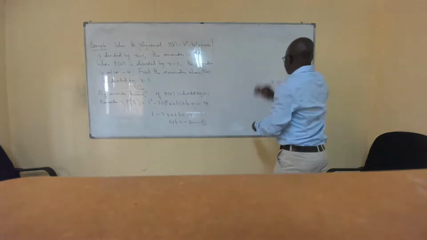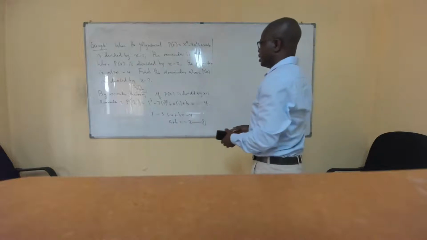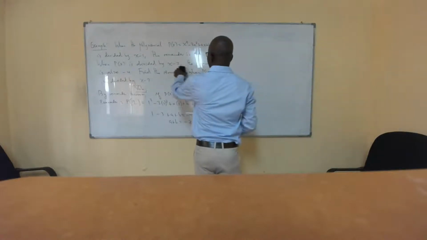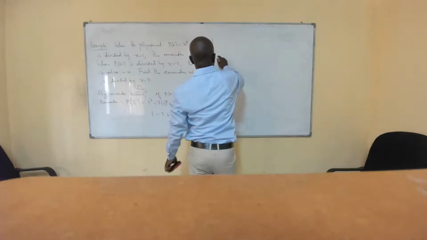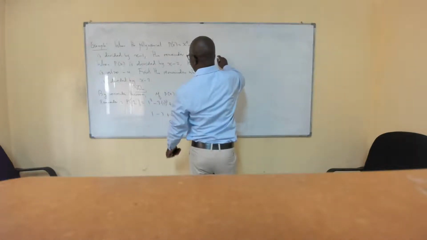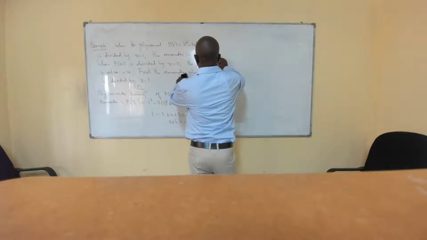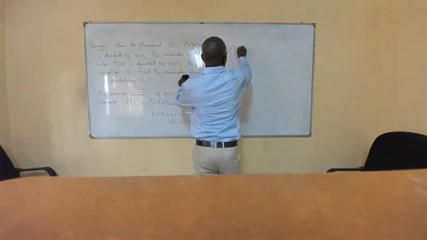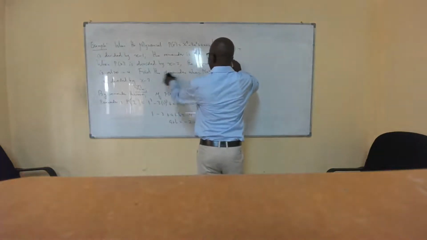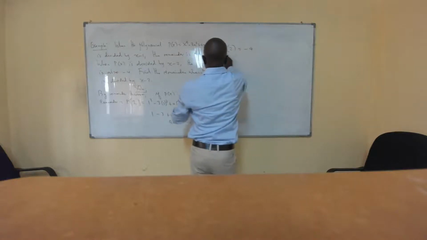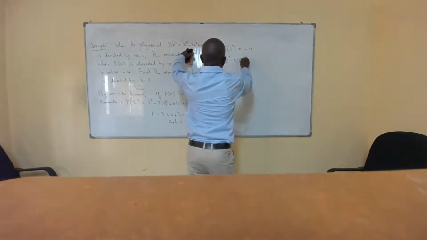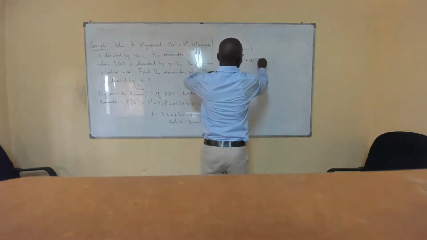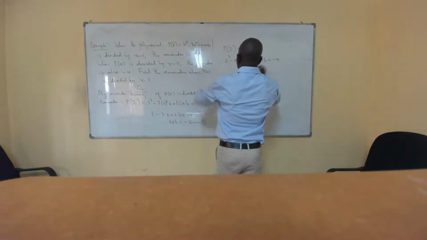Then we are told that when the same polynomial is divided by x minus 2, it gives the same remainder, minus 4. Using the remainder theorem, it's going to be P at 2. According to them, it gave minus 4. So it will be 2 to the power 3 minus 3 times 2 squared plus 2A plus B equals minus 4.